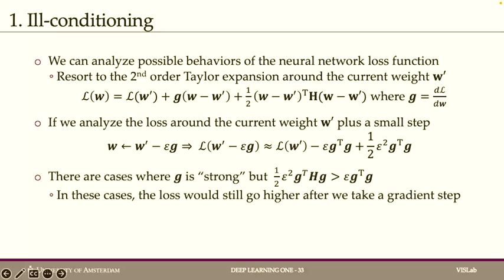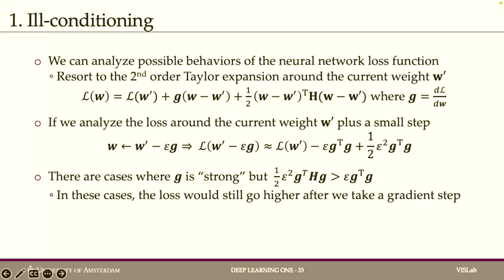And then we can see that if g transpose H times g is larger than g transpose g, in this case, the second derivative will have a detrimental impact. And so the loss can even go higher, even though we're taking a gradient step towards the direction where the gradient should be going down.